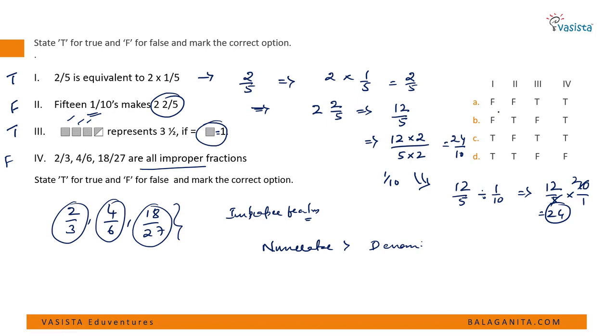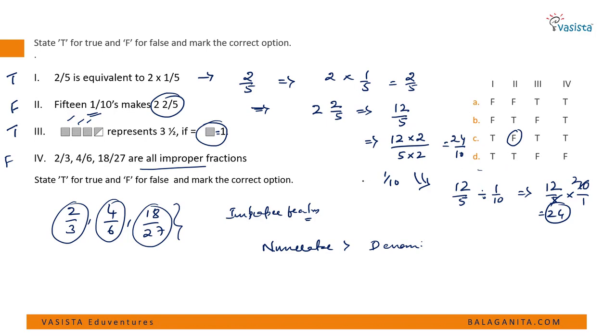T F, let us check out here. T F, T T F F. So the question here, let me check out. False, false, true, true. Here 15 1 by 10, that is false.